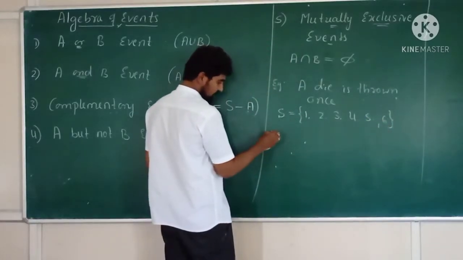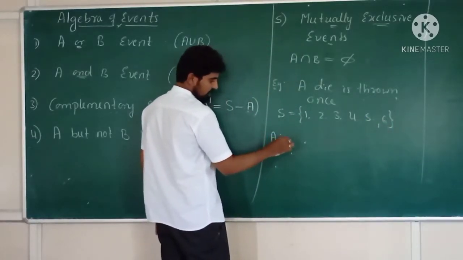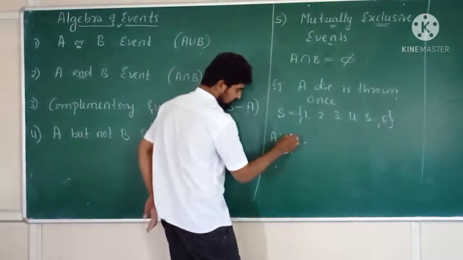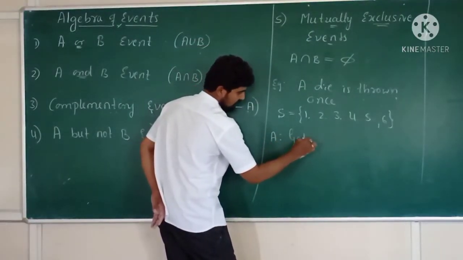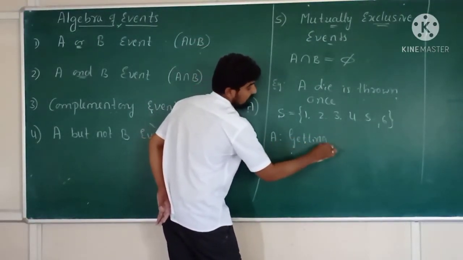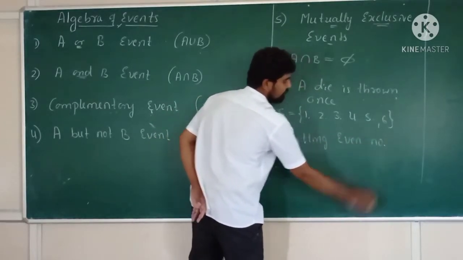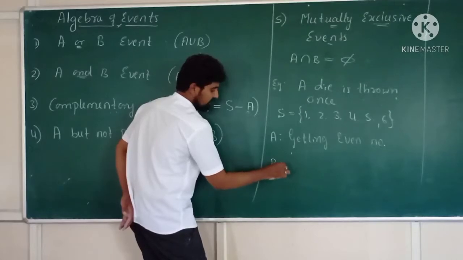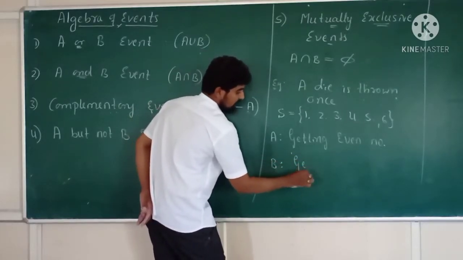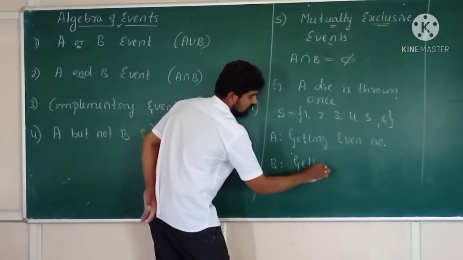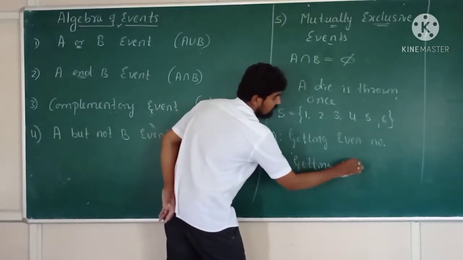Let us consider the events. Let A be one of the events, which is defined by getting an even number, and B be another event, getting an odd number.